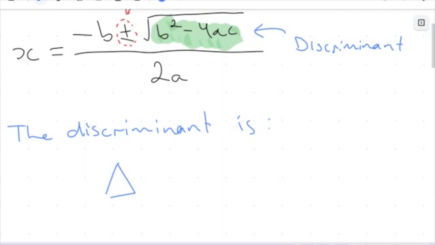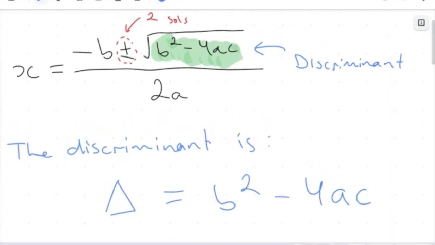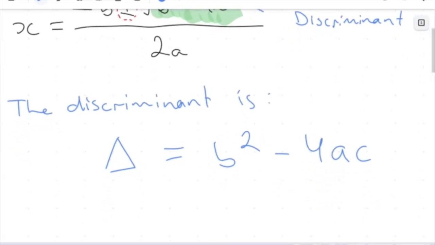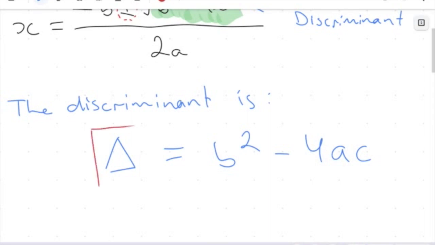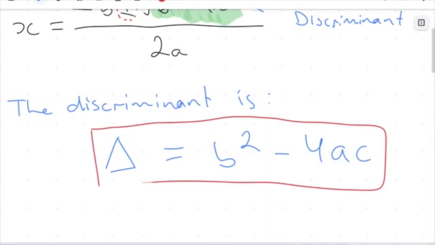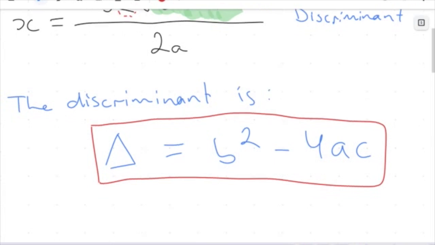So the discriminant is equal to b squared minus 4ac. So it's just the section of our quadratic formula that falls under the square root. And just this little snapshot of my formula here can tell me a lot of useful bits of information about the types of solutions I get, or how many solutions we get, I should say.